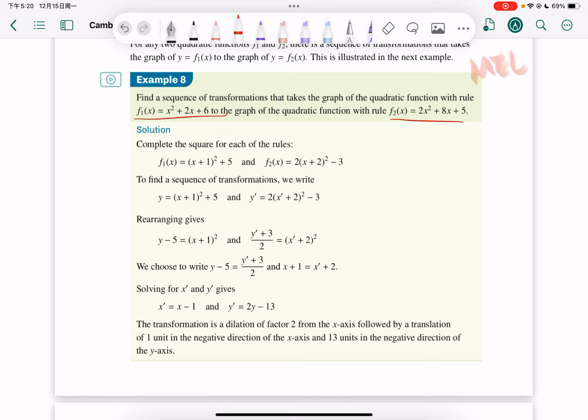So the textbook has a very tricky way to do it. I'll say it's tricky because they factorize it first. So we have 2(x plus 1) squared plus 5, because we want to take the 2 out, from 2x squared plus 4x plus 5, and then you do the factorizing.